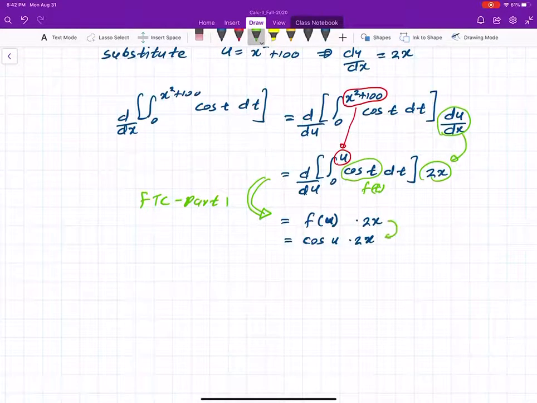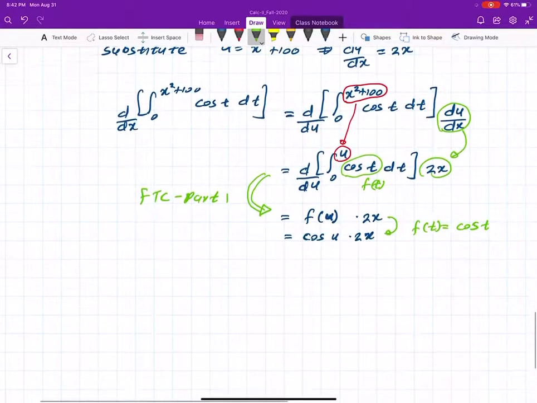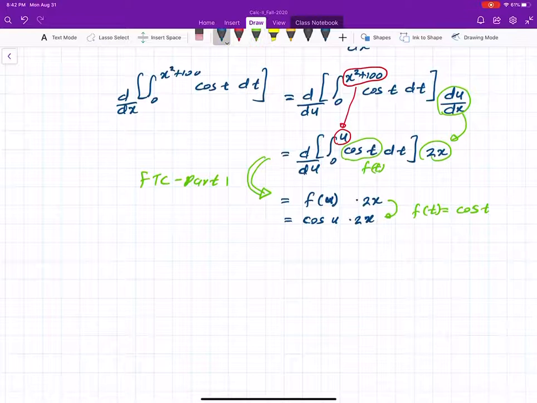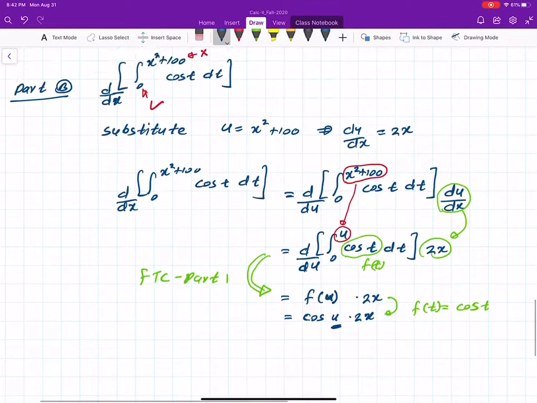Reason for that is f of u equals, let me write like f of t equals, that is cos t. All right, the thing here is you can keep the variable u, because the given variable is x.